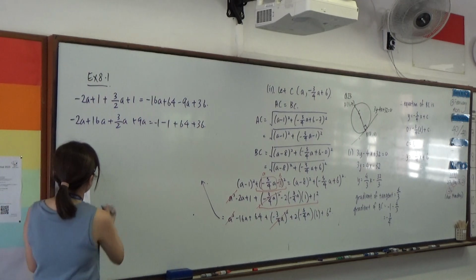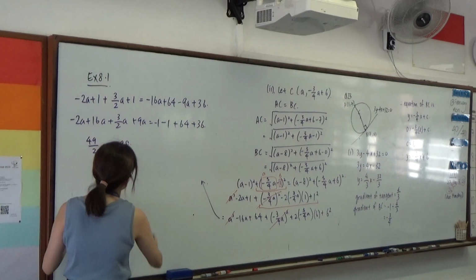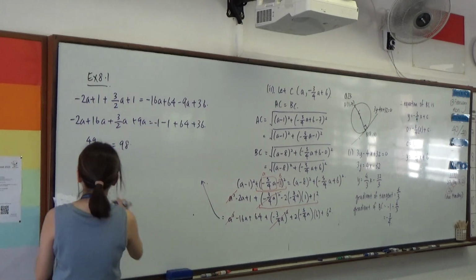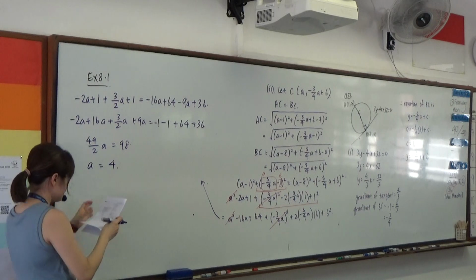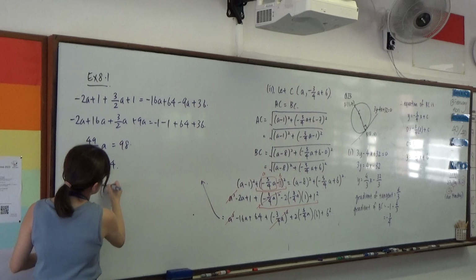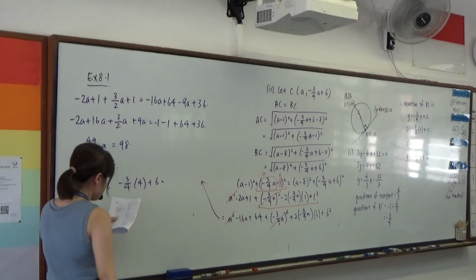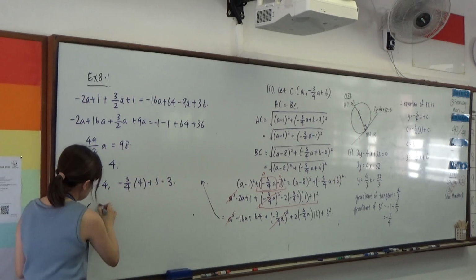And we should have 49 over 2A equals to 98. So A is equal to 4. Then your Y coordinate will actually be 3. Therefore, center is at 4, 3.